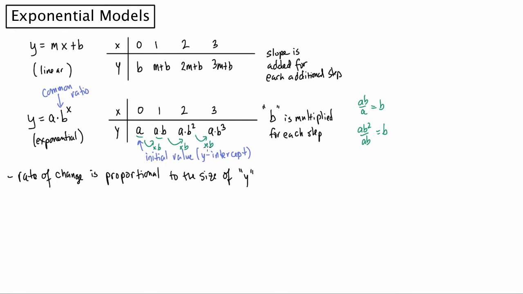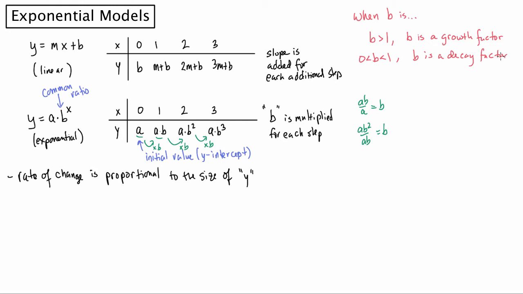And depending on whether b is large or small in its relationship to 1, if it's bigger than 1, then these quantities are going to grow. And if it's less than 1, these quantities are going to shrink. So maybe just say a couple of words about that. When b is greater than 1, then b is a growth factor. When b is less than 1, and really what I mean is in between 0 and 1, then b is a decay factor.